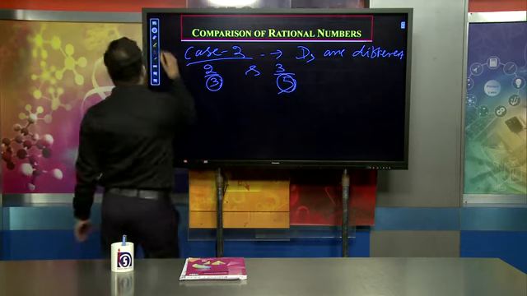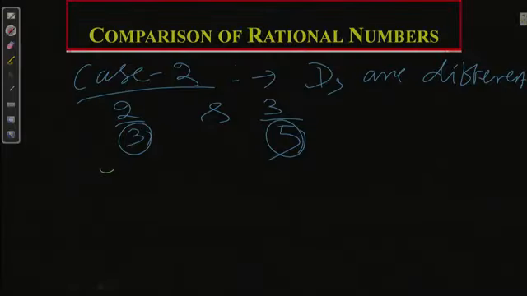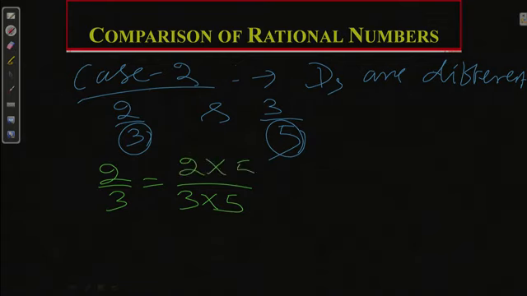So what will we do here? We have to write 2 by 3 in its equivalent form, taking the LCM of 3 and 5, that is 15. So I write 3 into 5 and 2 into 5. There will be no problem because we multiply both numerator and denominator by a constant quantity. So you get 10 by 15.